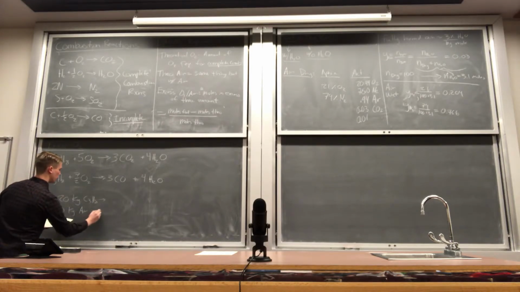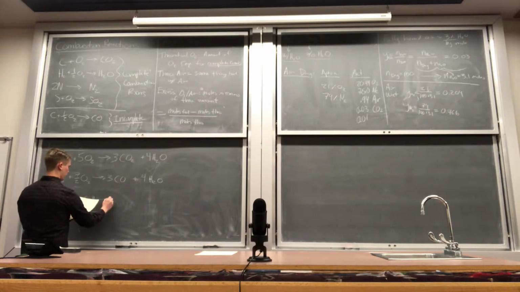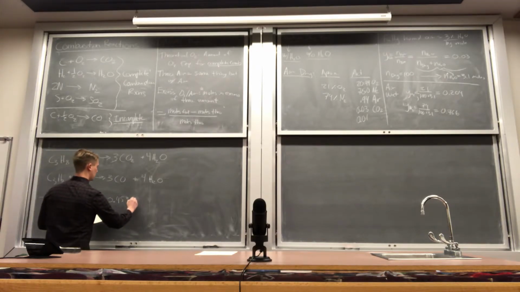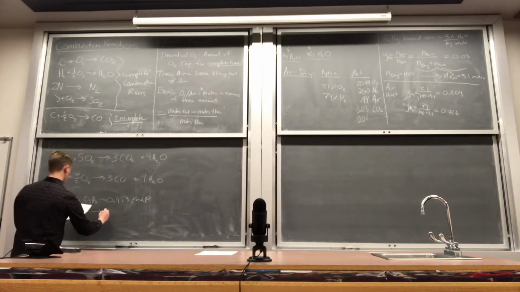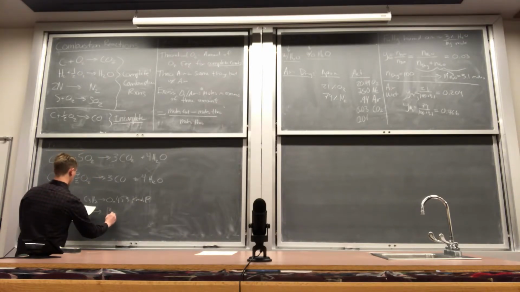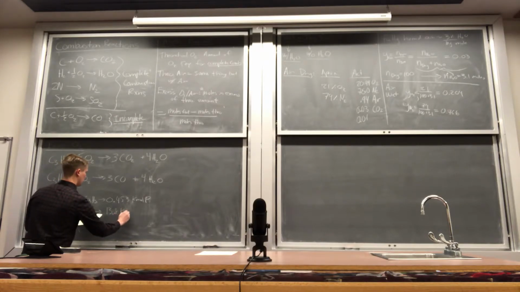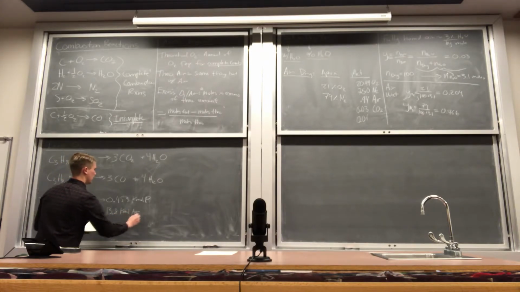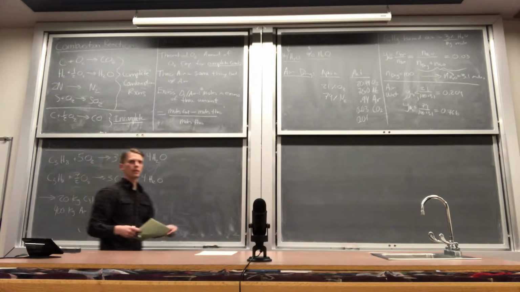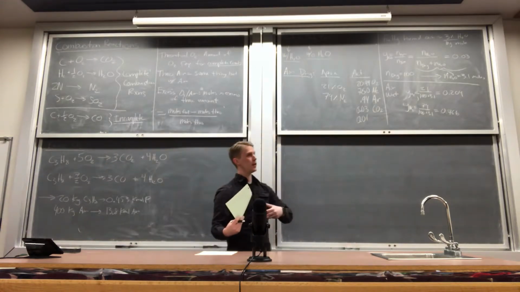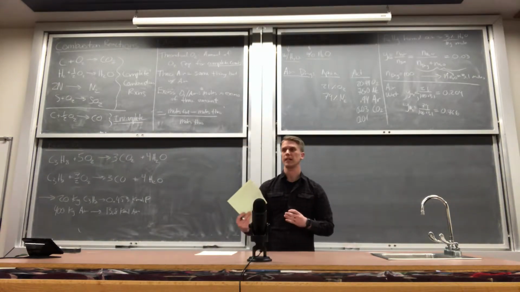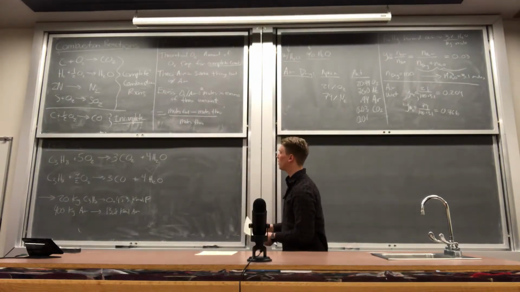I already did the unit calculations here, so that's 0.453 kilomoles of propane, which I'm just going to call P, and 13.8 kilomoles of air. The question is, do we have enough air, not enough air, too much? What's the percent excess? We're going to do that calculation right now.